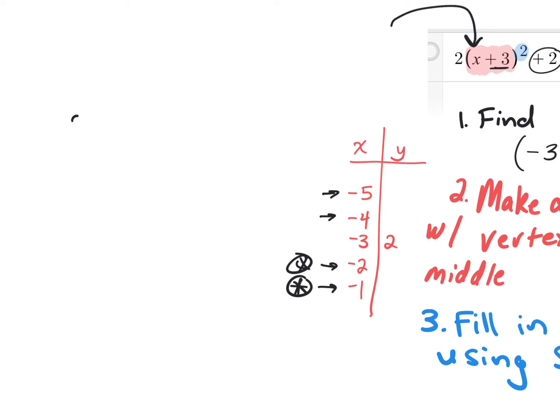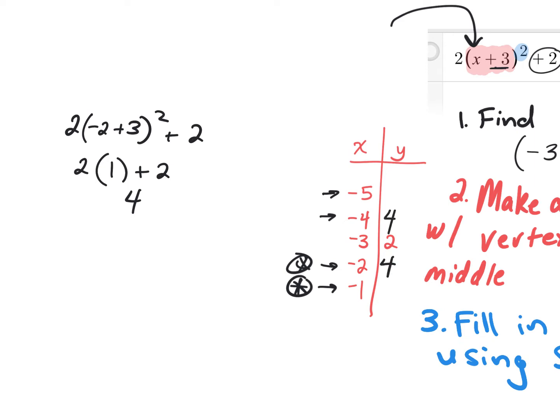So our function says 2 times, well, instead of x, now I'm going to plug in -2 plus 3 quantity squared plus 2. So we got to follow our order of operations. We end up with 1 times 2 plus 2, or 4. So we know that when x is -2, y is 4, and when x is -4, y is 4.